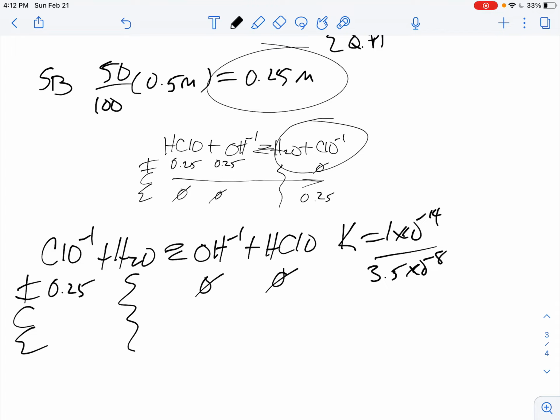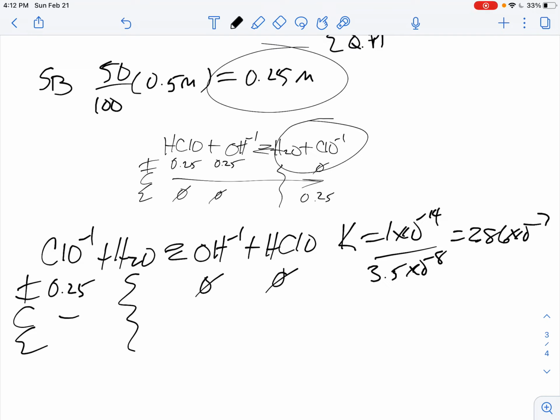And I'm going to end up with a K value here of 2.86 times 10 to the negative 7th.